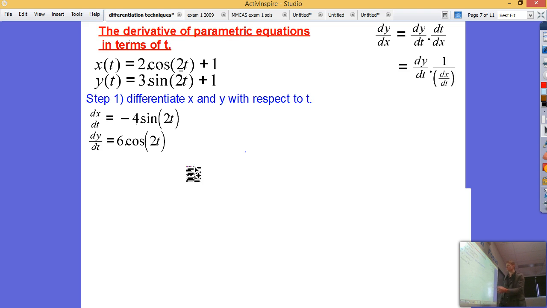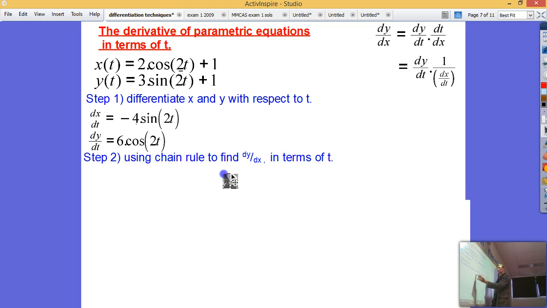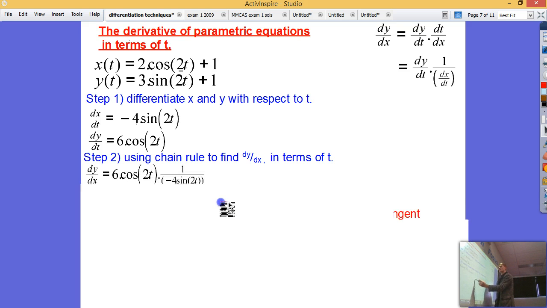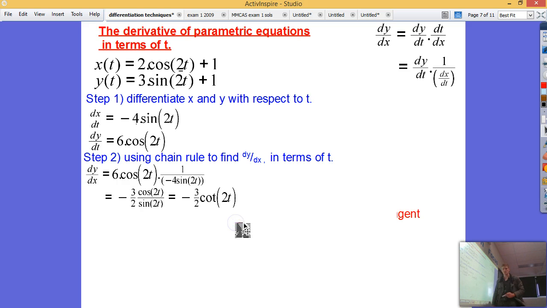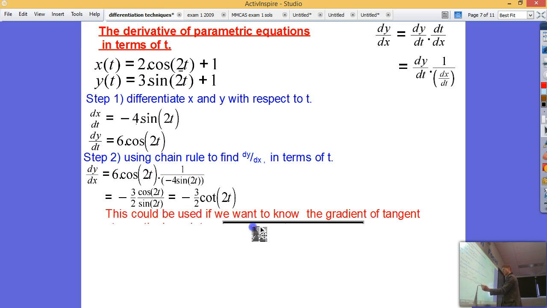Putting those two together using our chain rule and expressing that in terms of t, we will have this expression. I can simplify this expression where cos over sine becomes a cot function. And now we've got our function of t that represents the derivative of the curve, dy dx.